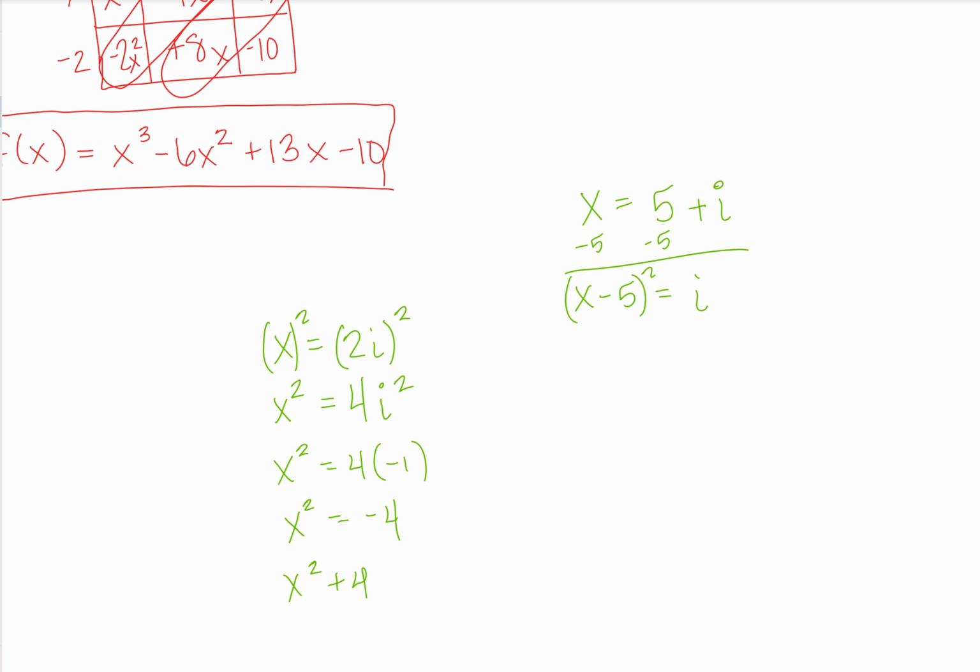I'm going to square both sides. So I get x squared, that becomes a negative 10x plus 25 equals i squared. Well, we know i squared is actually a negative 1, and I know I'm going to have to move him to the other side. So he gets to be x squared minus 10x plus 26.